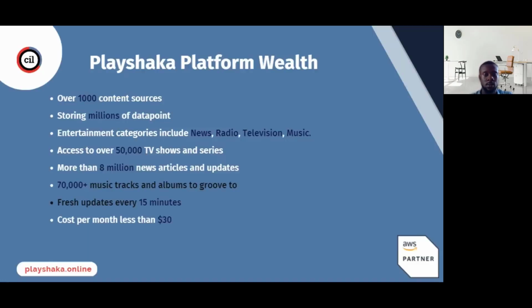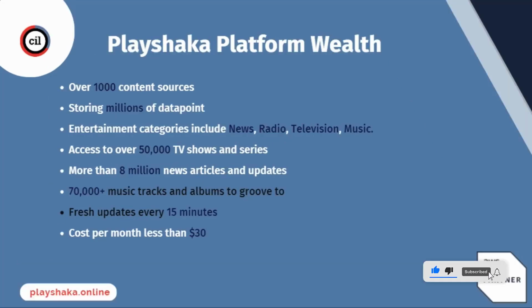So basically on Playshaka, we have a whole lot, just like James has said, we have more than 8 million news contents. Yes, more than 8 million. You heard right. And everything we have showed you so far costs just $30 per month. Talking about the running cost, less than this to run it monthly.